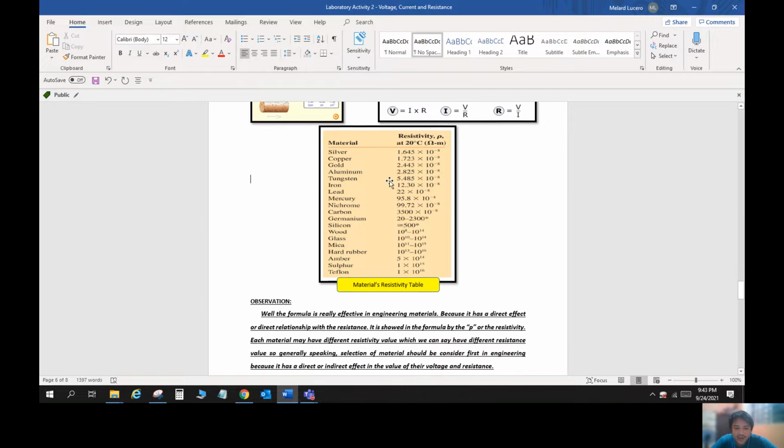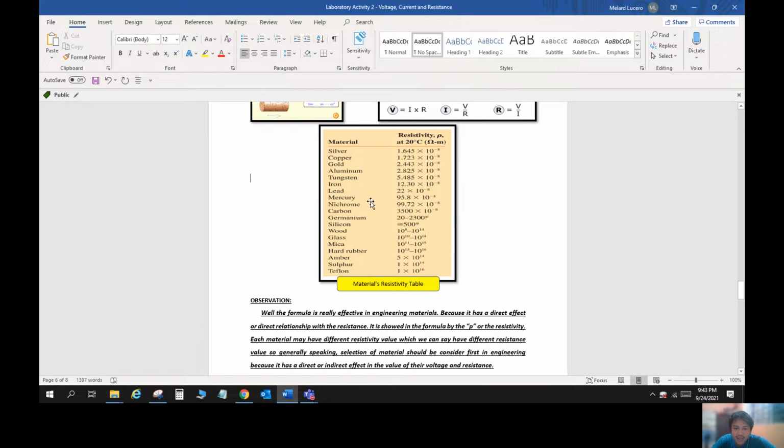Then we also input here the material resistivity table. This is already given to us by our professor. Generally, you can say this is a constant, the resistivity value of this set of materials.